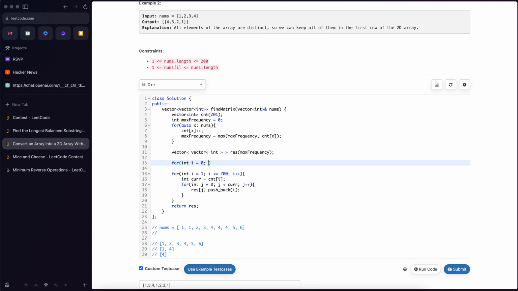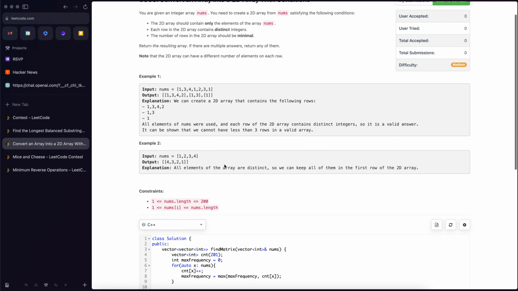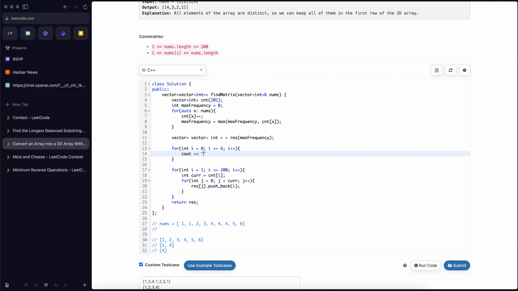For int i equal to 0, i less than, let's say in our input there are only, we'll give this input only till 6, i plus plus, and we can print the number of this is equal to count i.